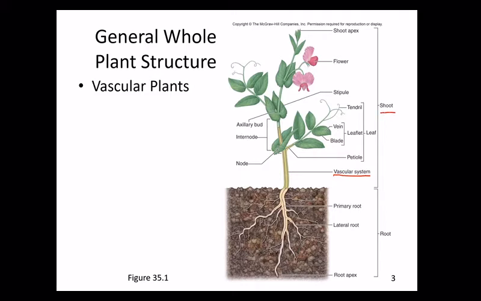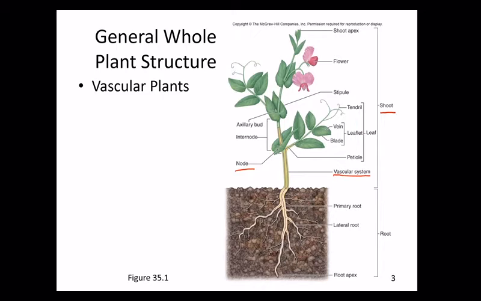The shoot, which is the portion of the plant above the ground, is going to contain different parts, and we're going to talk about the node. The node is the portion of the plant where branching occurs, where the flowers will come out, where the leaves will grow out of. As we move up the shoot, we're going to see the branches coming out, and the different parts that make up that.